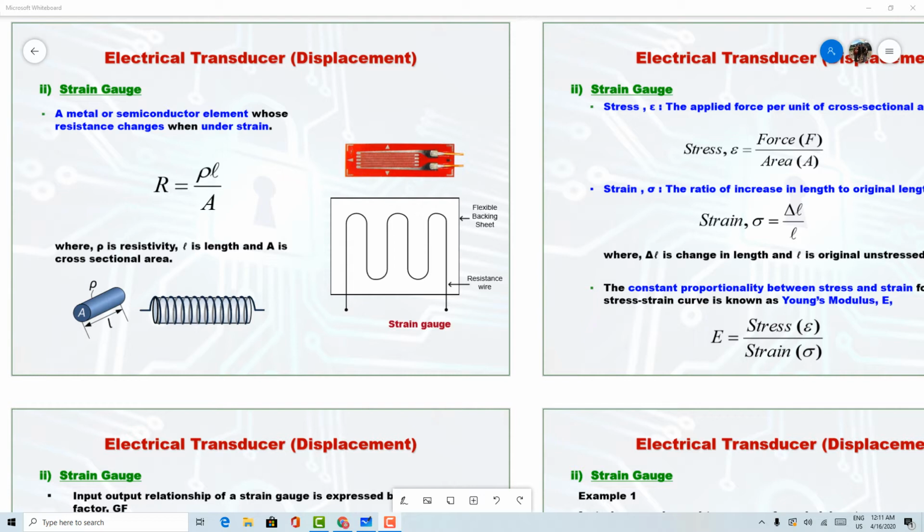And what is strain? Strain is the result of the application of force to a solid object. For example, when we apply a certain force to the solid object, the result is a distortion, meaning there will be a change of dimension or deformation.